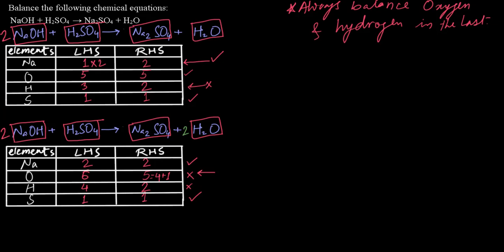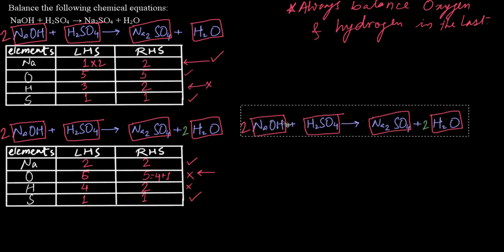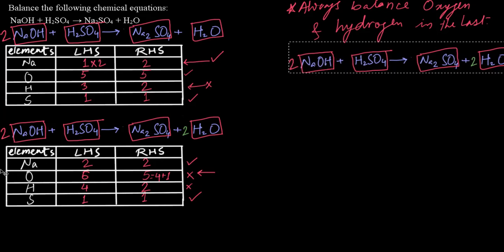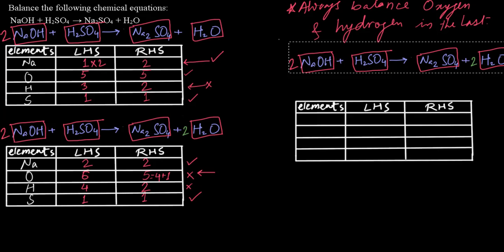So let us see what happens if we modify this equation like this. We will write down this equation like this, and let's count the number of atoms on both sides now. We have the elements as sodium, oxygen, hydrogen and sulfur.